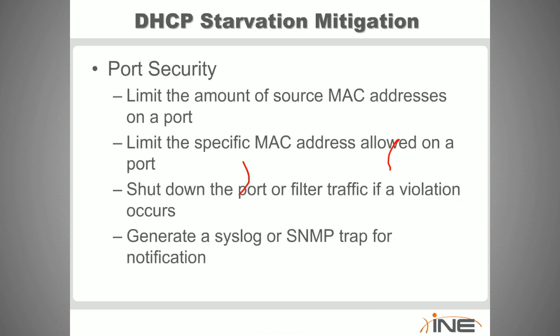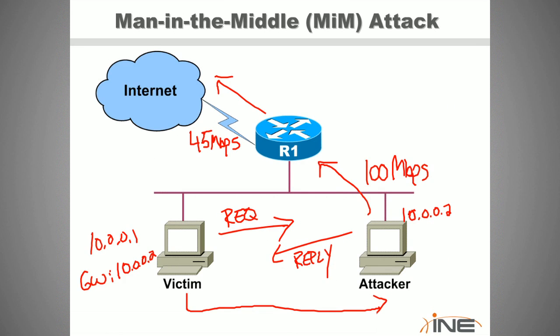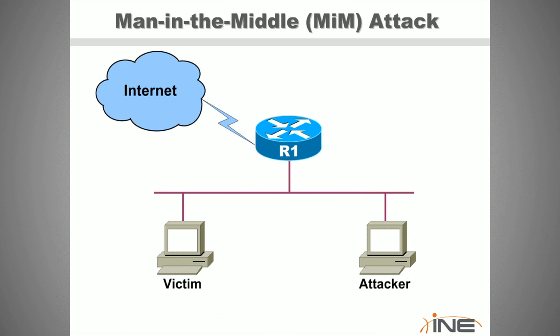So if we look at this from the point of view of our diagram here, let's say, for example, that the attacker is running the DHCP service, but then there's also the legitimate DHCP server somewhere out there in the network. So the victim sends out the request.